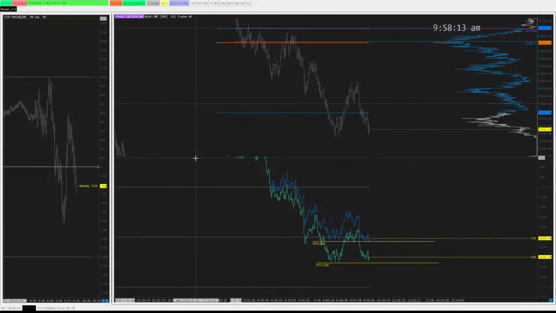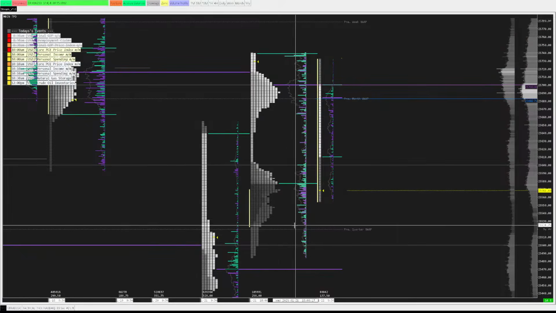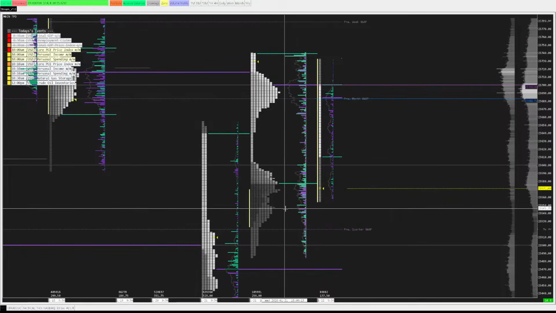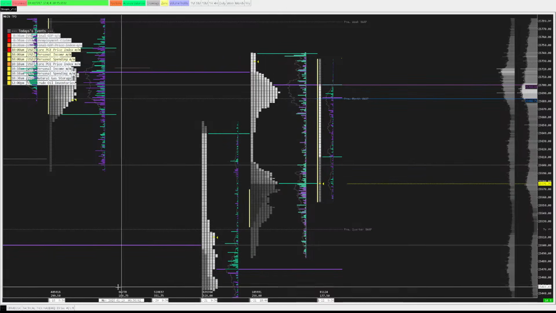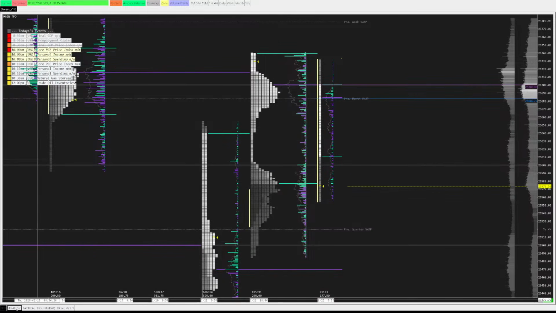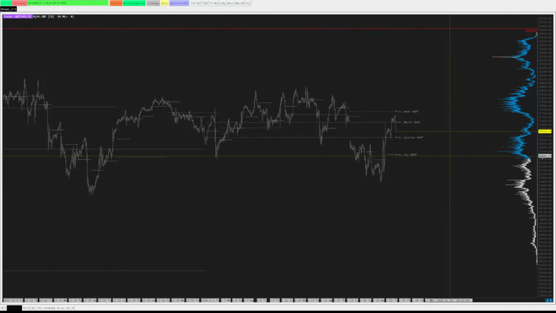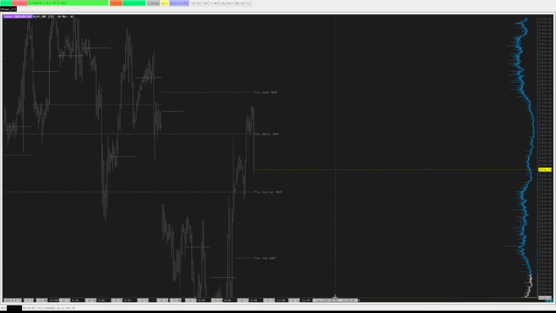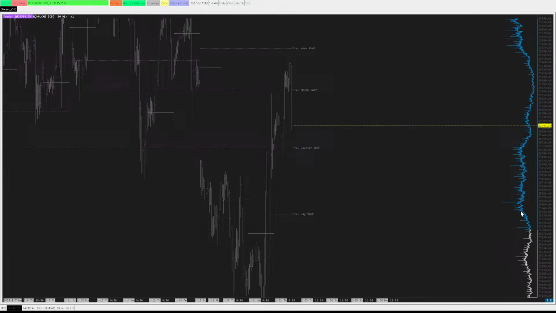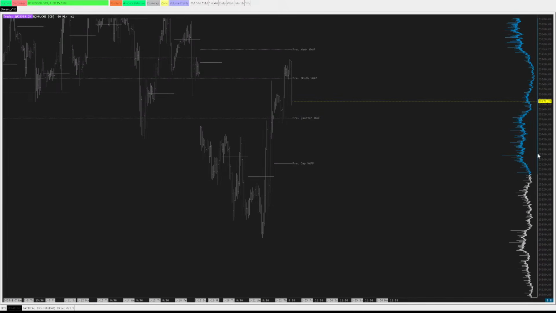We've got news here in a minute, so we're just going to hang tight until the news comes and goes. So let's take a look at the TPO real quick. All right, so we are down here in the overnight. I really just look at the TPO chart and I look at these long-term VWAPs a lot. So, higher time frame analysis.